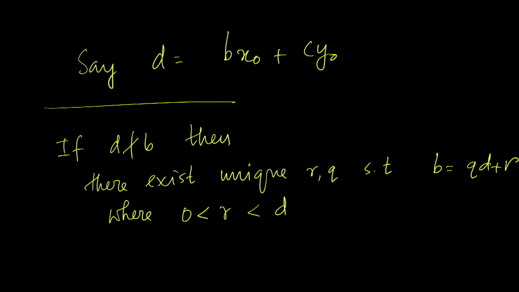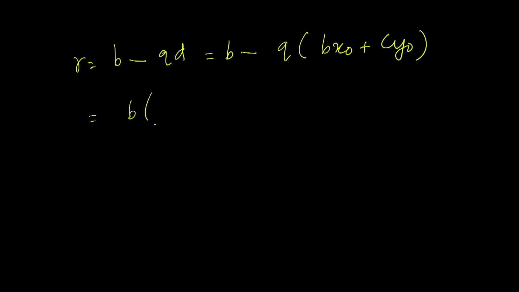So we have R is B minus QD, which is B minus Q into Bx naught plus Cy naught. Rearranging, we get that this is B into 1 minus Qx naught minus C into Qy naught.